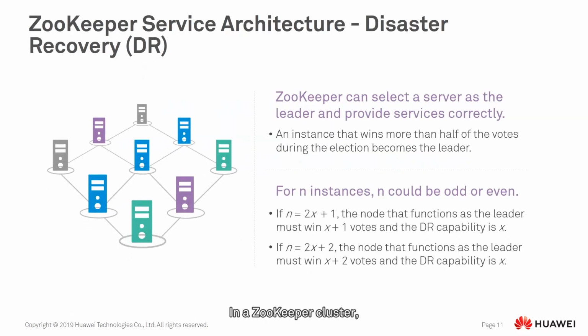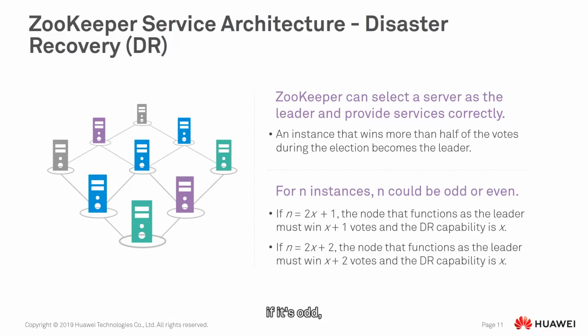In a ZooKeeper cluster, how to decide which one is the leader? Well, an instance that wins more than half of votes during the election becomes the leader. The number of ZooKeeper servers in a cluster could be odd or even.